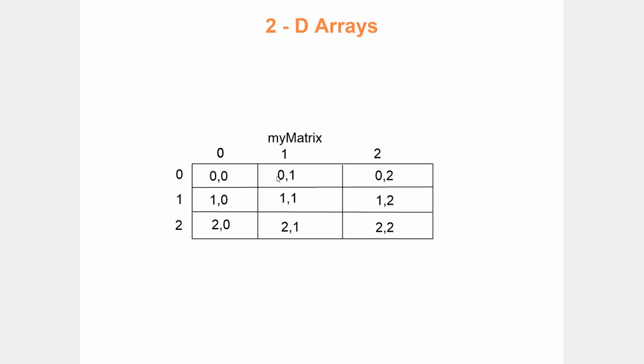Next, go to the second column of the first row. Where is it located? It is located at 0th row and first column. So the address of this particular cell is going to be 0, 1. And where is the third one located? It is located at 0th row and second column. So 2 means third column. It is located at 0th row and second index of column. So the address of this one is going to be 0, 2.